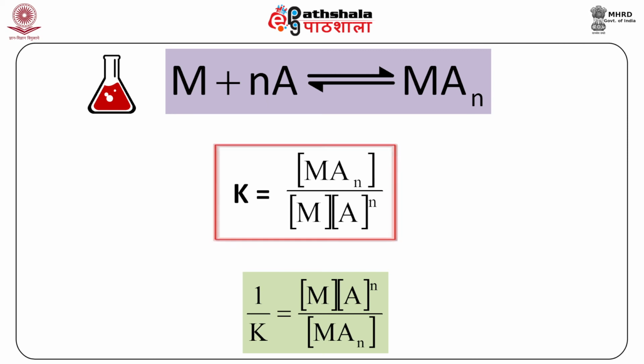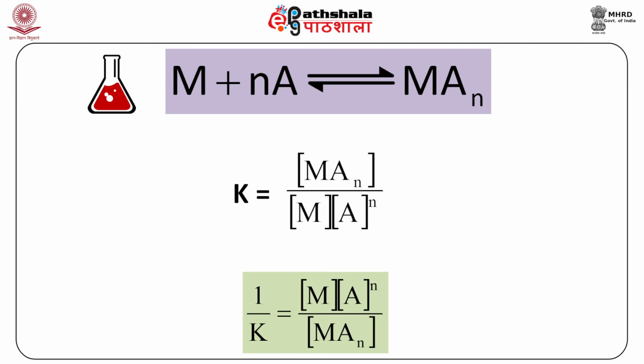Therefore, K is equal to the concentration of MAn divided by the concentration of metal times the concentration of A raised to the power n.